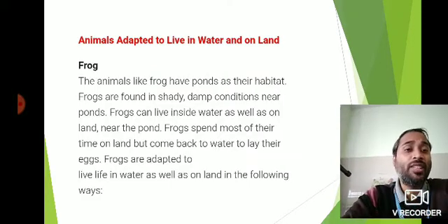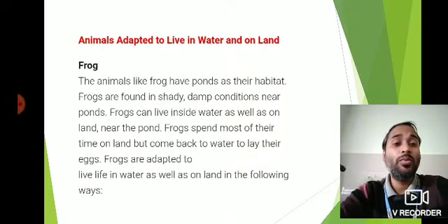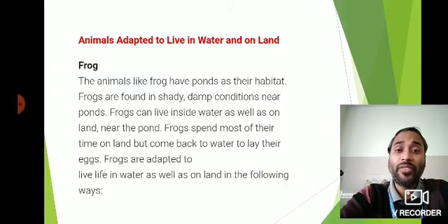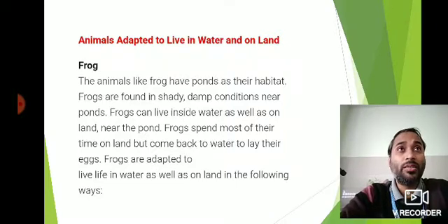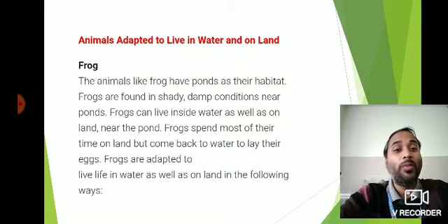When the eggs hatch, the babies do not have any limbs to walk on land. They have a tail just like fish, and they look like fish. So they lay eggs in the water so that their babies can grow up to a stage where they grow their limbs. Once they grow limbs, they can come to land, but for the initial stage of life they remain in water.